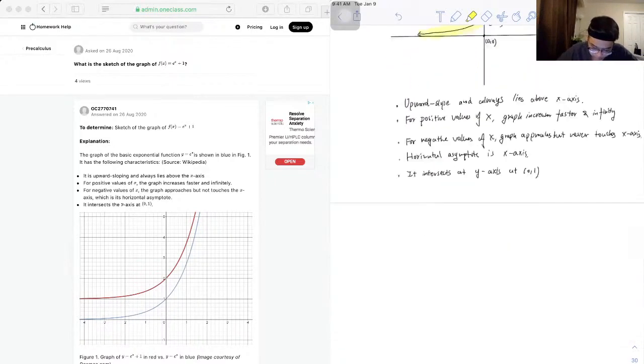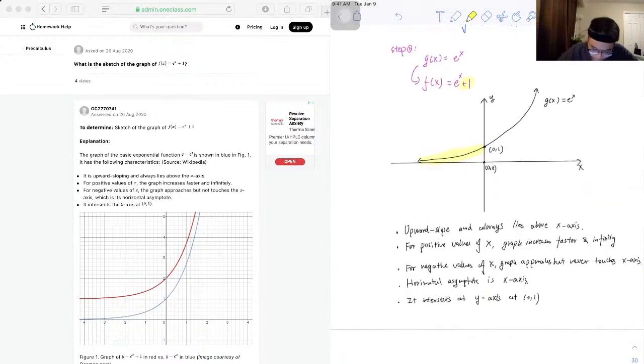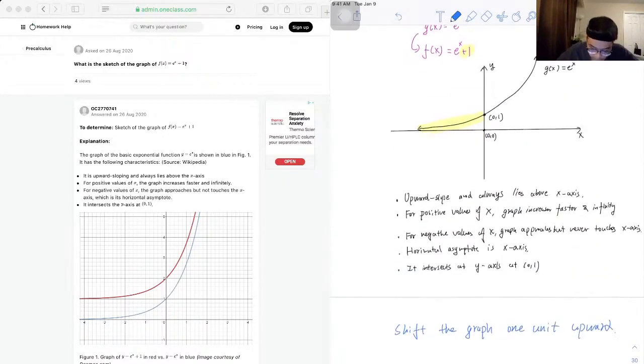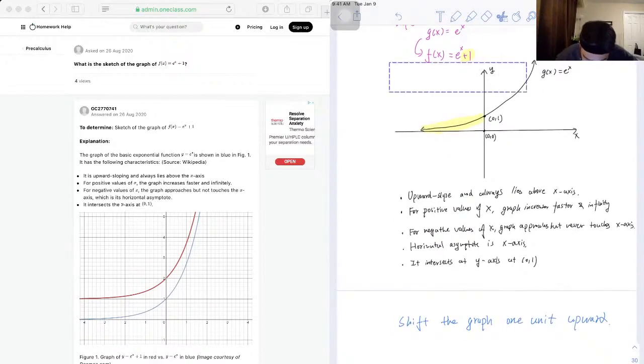So let's write it on here. Shift the graph 1 unit upward. Right. So let's copy down the graph we have above.